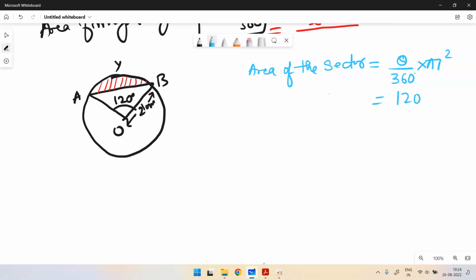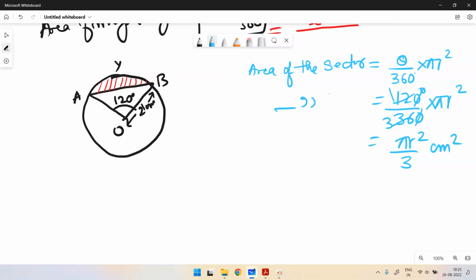That is 120 degree by 360 degree into pi r square. If you cancel and solve it, 12 and 12, 12 3 36, it is pi r square by 3 centimeter square. You can put the value now or substitute the value after getting the final result. First, you got the area of the sector.